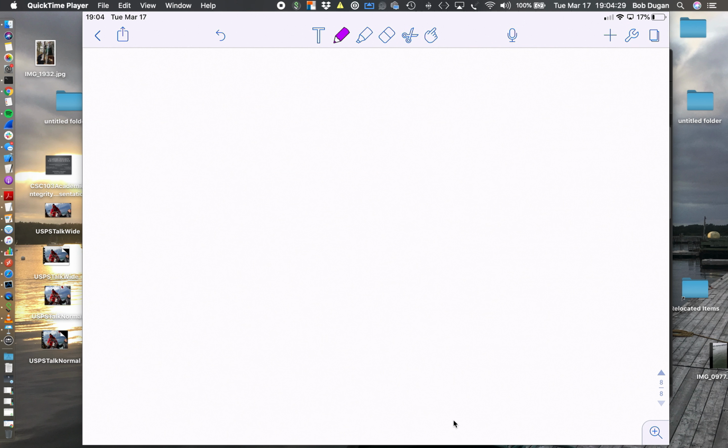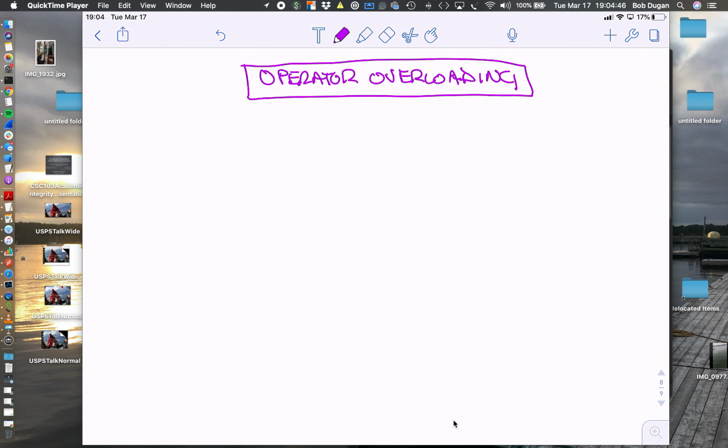Well, next thing that we need to talk about is operator overloading. All right, so is operator overloading a good idea or not?